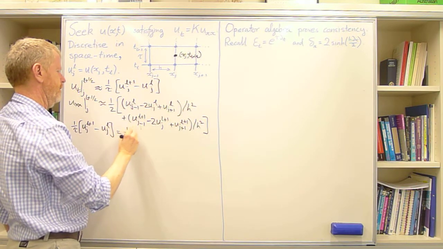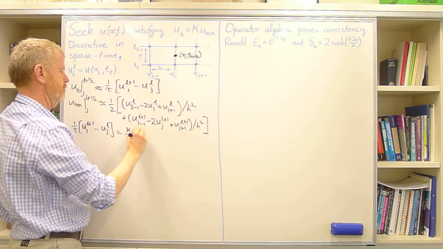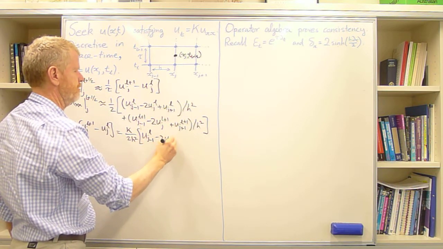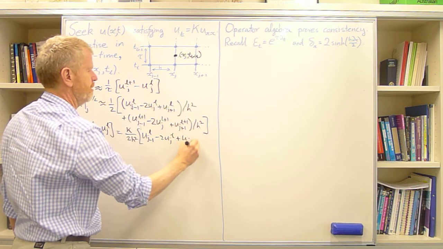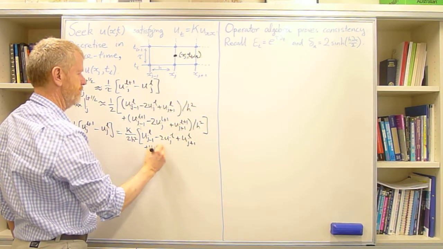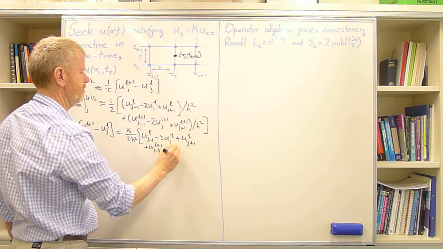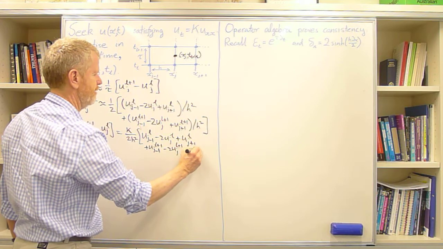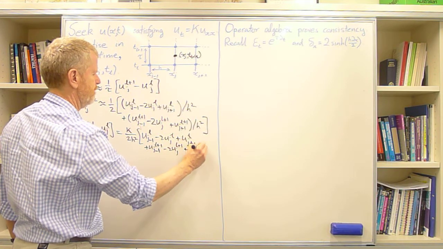So we get k over 2h squared times u_(j-1)^L minus 2u_j^L plus u_(j+1)^L plus u_(j-1)^(L+1) minus 2u_j^(L+1) plus u_(j+1)^(L+1).